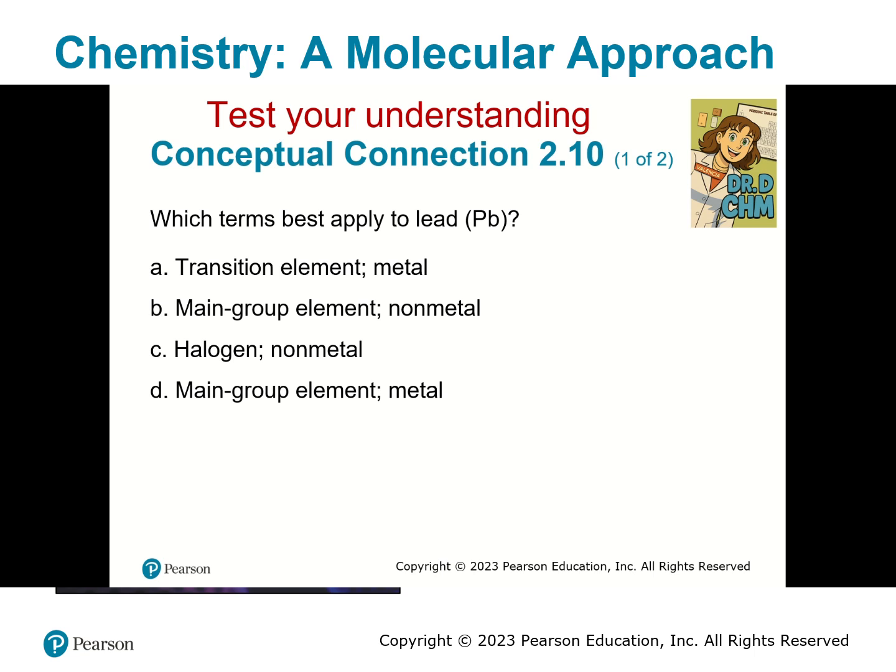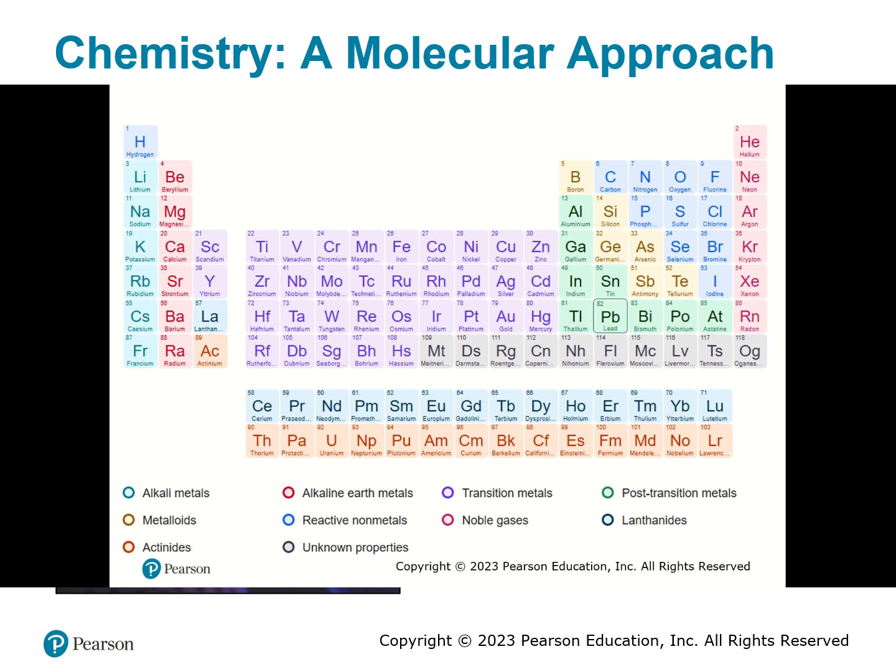Let's test your understanding. Which term best applies to lead? Transitional element, metal; main group element, non-metal; halogen, non-metal; or main group element, metal. Let's look at the periodic table. Here we have lead.